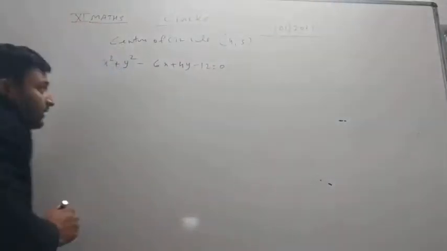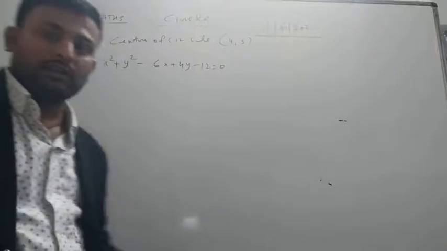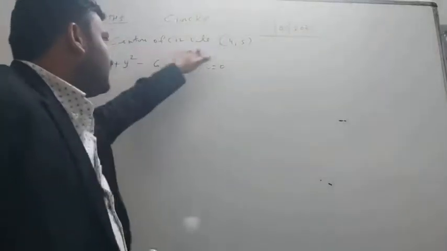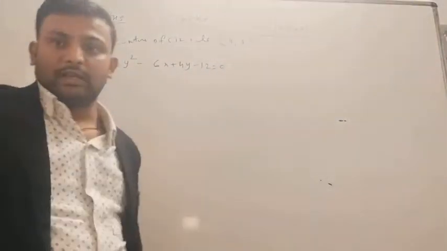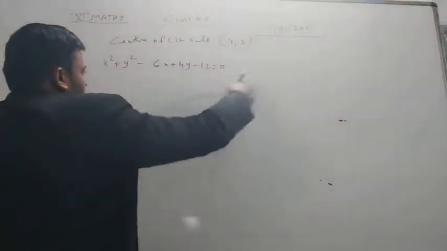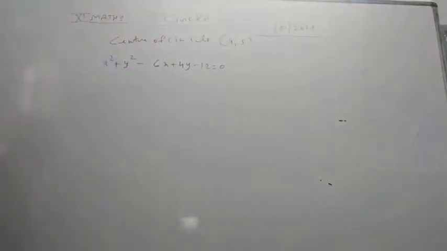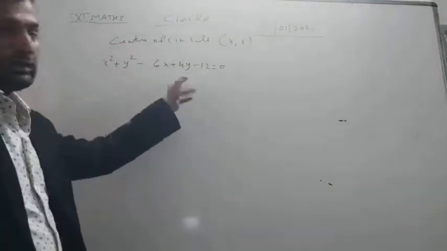Okay student, so we have to find the equation of the circle whose center is 4, 5 and which passes through the center of this circle.